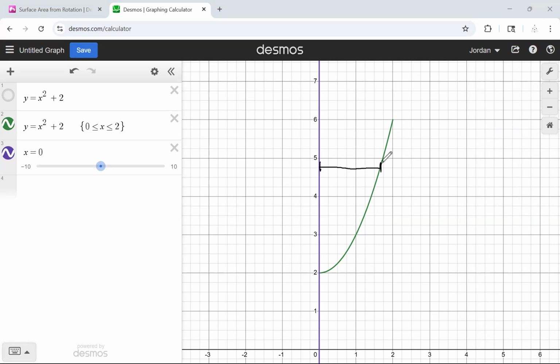If I write my curve as x equals a function of y, then I can do essentially the same thing I did in the previous two examples. So that's what we'll do first. We'll find the surface area by integrating with respect to y.